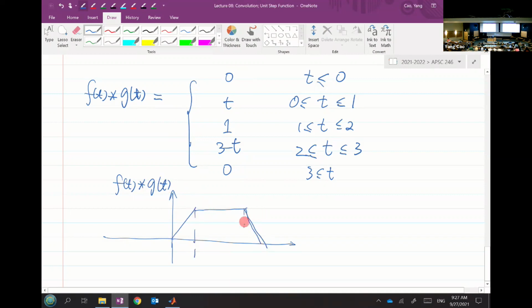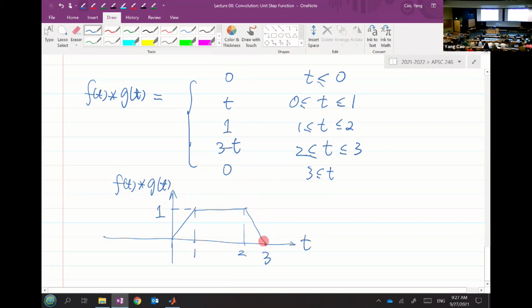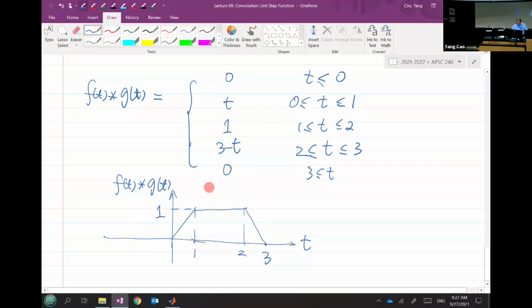So this is 1, this is 2, this is 3, and this is 1. First part is 0, second part is a straight line t, this is 1 here, and this is 3 minus t.